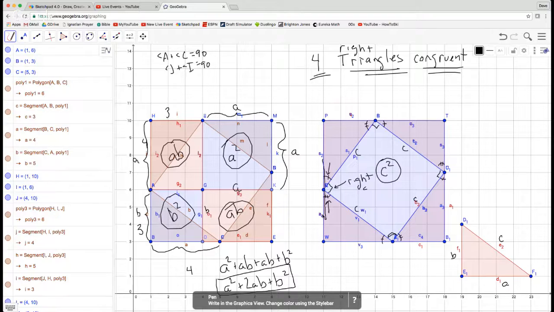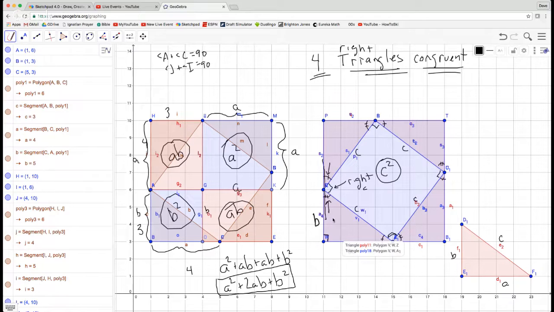Well, we know this side is B, and this is A, and this is a right angle. So the area of this triangle, if you remember back to 7th grade, is half of the base times the height. So this is a half AB. This is a half AB. This one must also be a half AB. And this is a half AB.